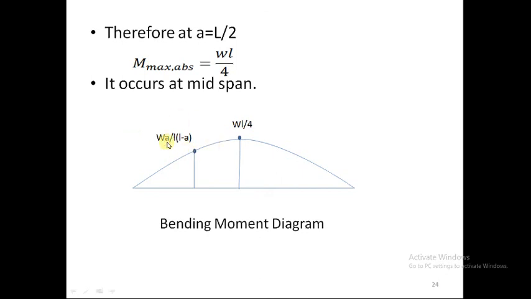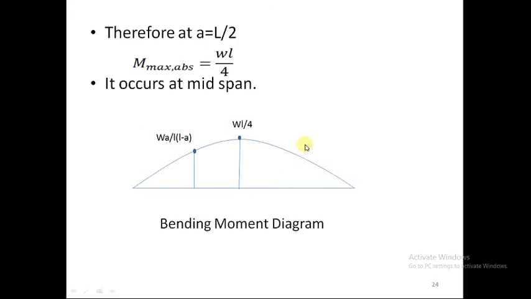And here I have shown another ordinate, that is Wa upon L into L minus a. This ordinate is possible at a section a from the support A. If I take a section here and substitute the value of x as a, this is the ordinate I am going to get. So this is how the bending moment diagram is obtained.